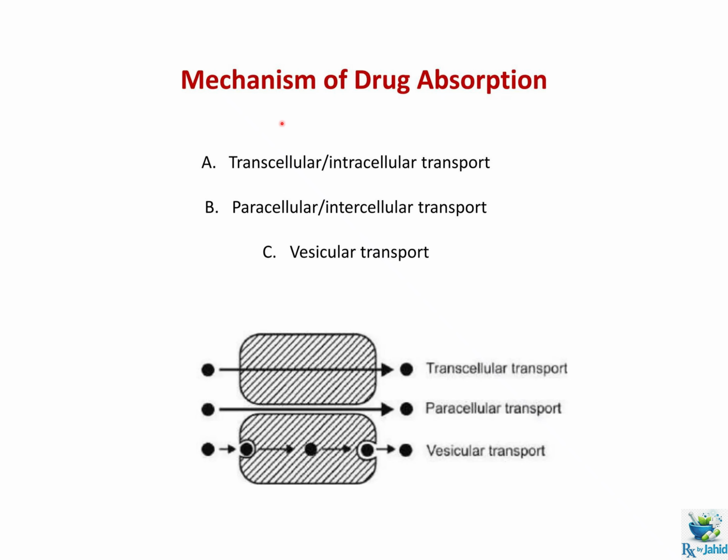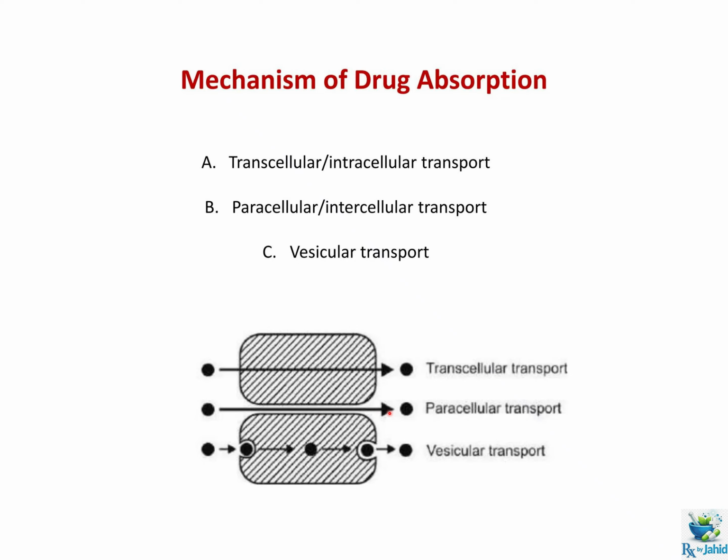There are three basic mechanisms for drug absorption. These are transcellular or intracellular transport, paracellular or intercellular transport, and vesicular transport. In transcellular, trans means through something, so transport through the cell is called transcellular transport, and paracellular means between the cells.